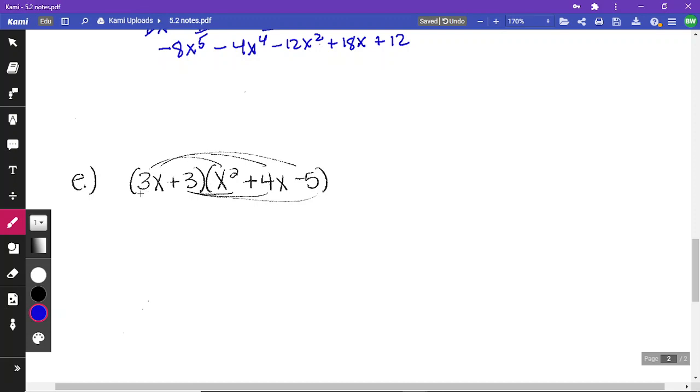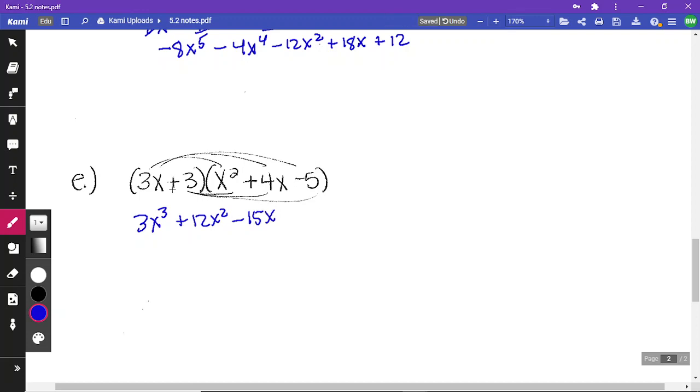The 3x times x squared is 3x cubed. Okay, our exponents add, right? We have an exponent of 1, an exponent of 2, and then 1 plus 2 is 3. Okay, so 3x times the 4x gives us 12x squared. 3x times negative 5, negative 15x.